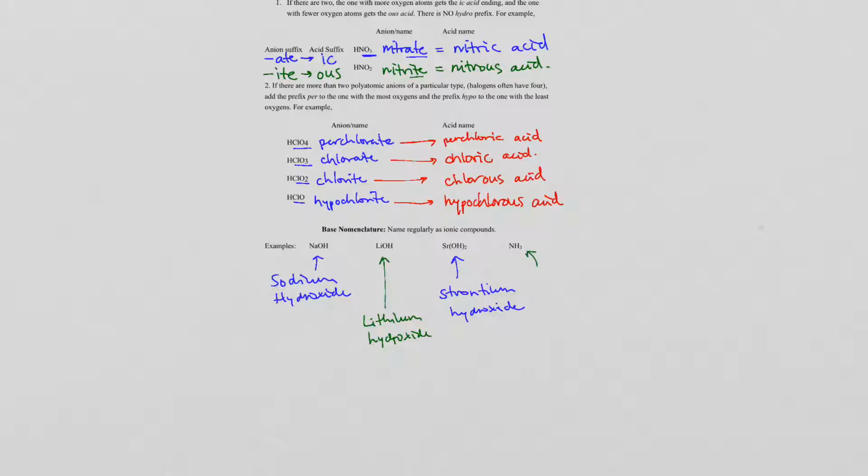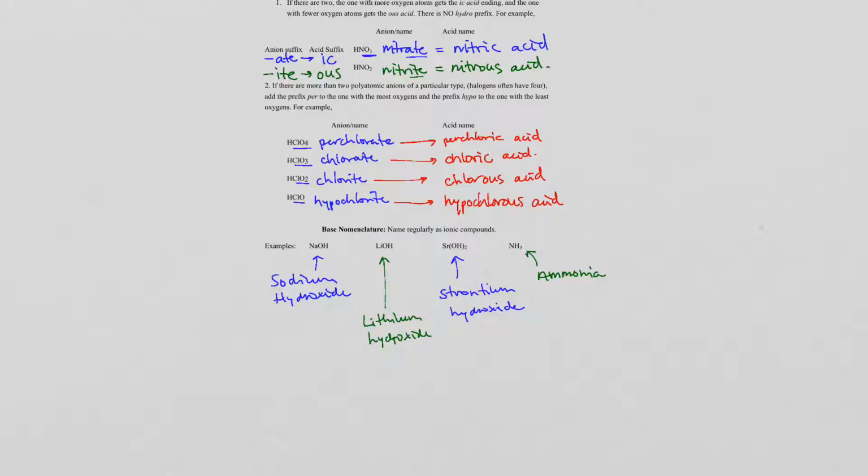Yeah, so don't get too caught up in following a certain pattern. Don't go on autopilot, as a good mentor over at my university says. This is probably the only unique base that you need to know. It is NH3, and if you've seen this before, you'll know that this is ammonia.